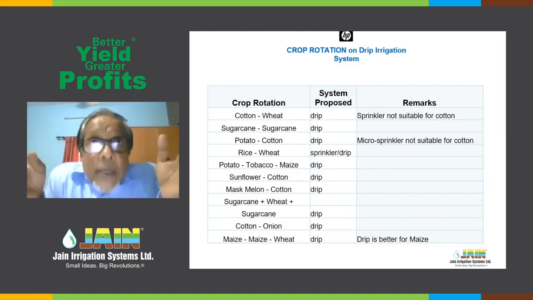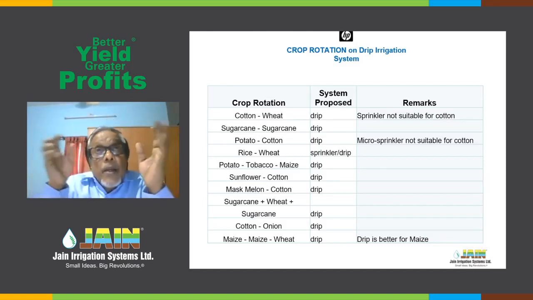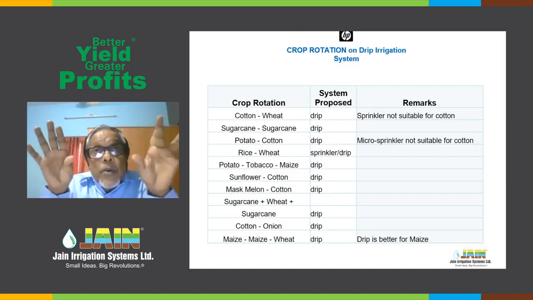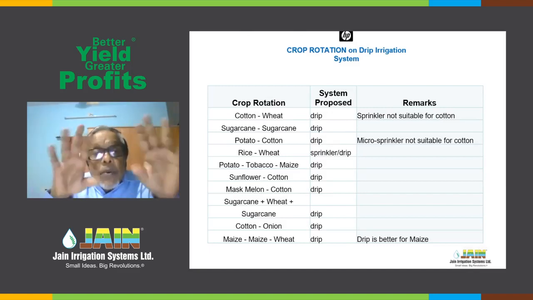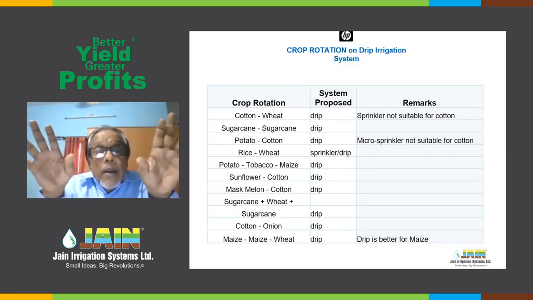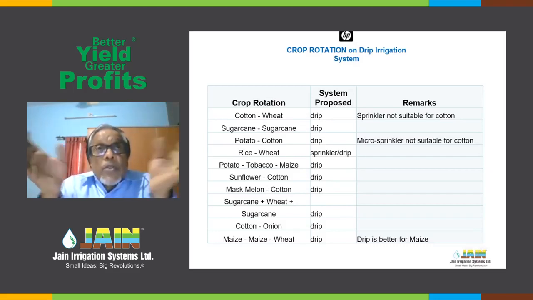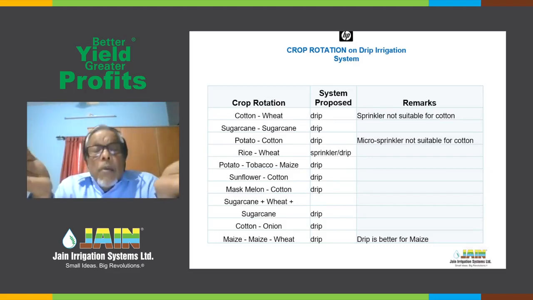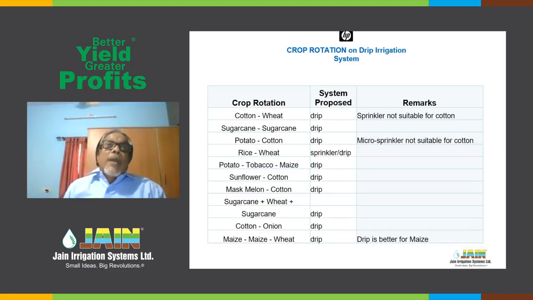The only thing which can change is the water requirement or the irrigation scheduling and the fertigation scheduling. That's all you can change, because the crop to crop variation is there, and the total amount of fertilizer, etc. Fine. The schedule will also be different, because there are two different times of the season, two different crop factors. So the schedule also will be different. But the system will be the same.